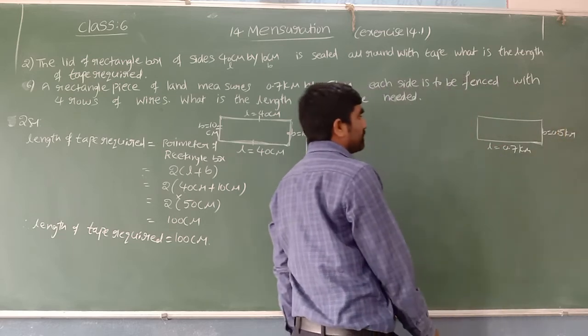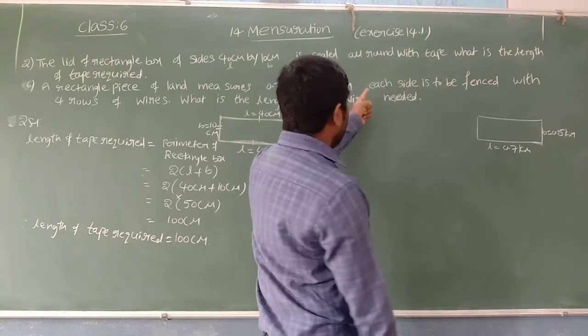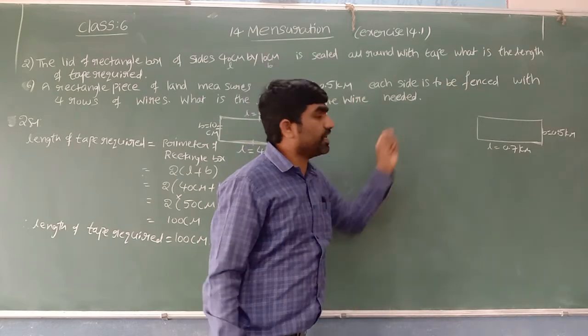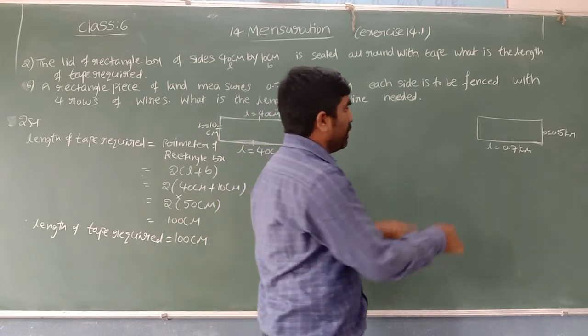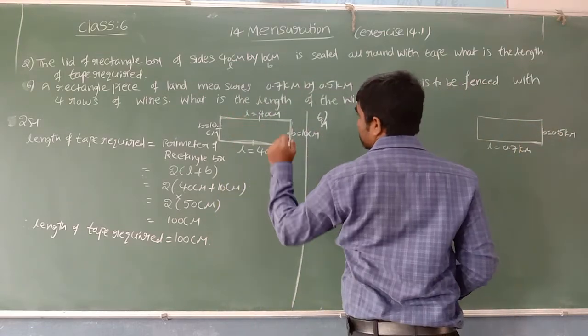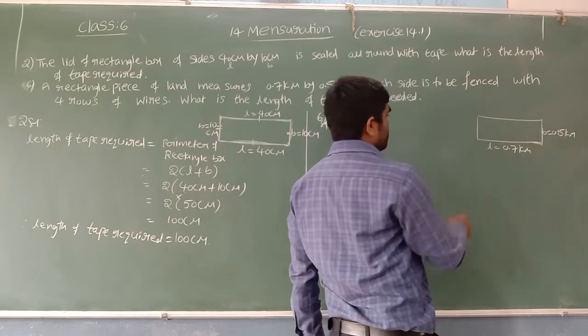They want each side to be fenced. What is meant by fencing? They are going to cover the boundary of this rectangular land with wire. So how many rows? 4 rows.